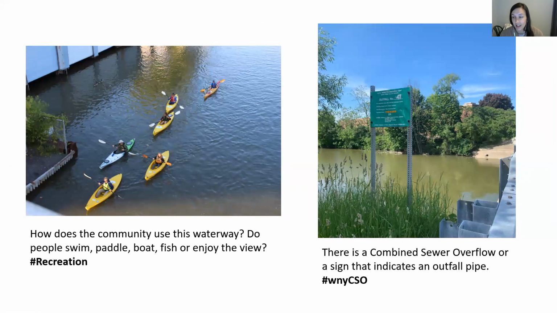Are you seeing combined sewer overflows, often indicated by an outfall sign like this? Bonus points if you get photos or videos of water coming out of that overflow pipe into the water during a heavy rain event.